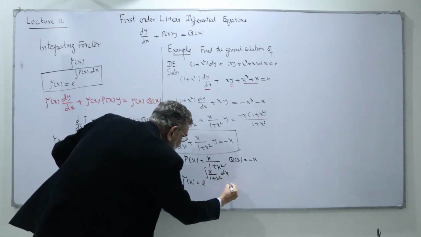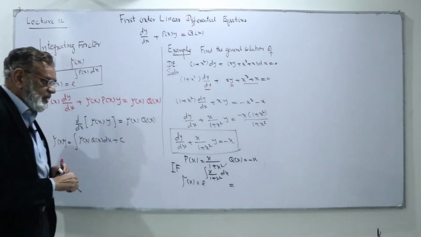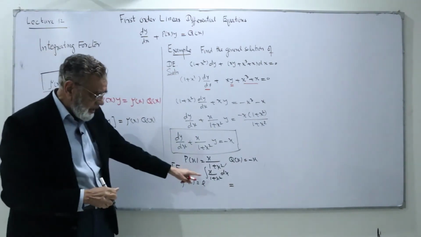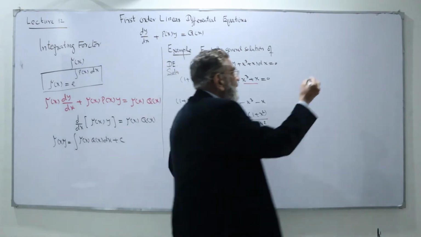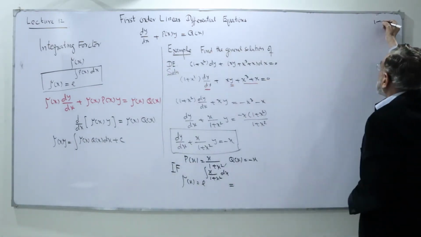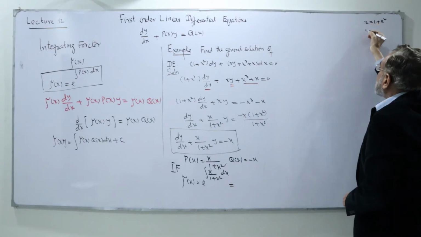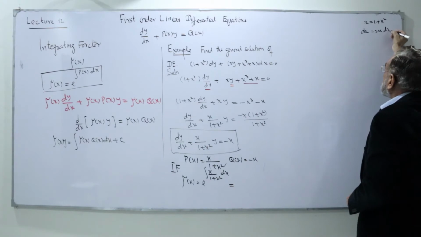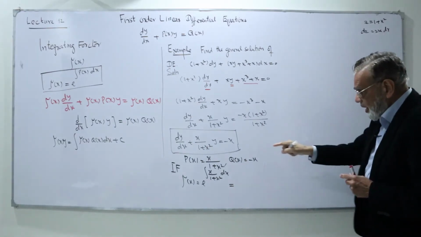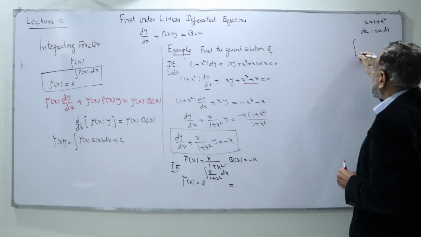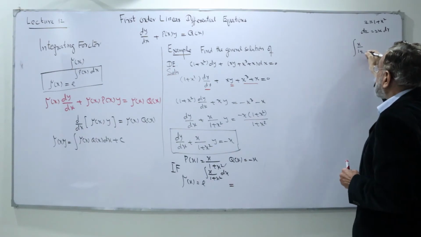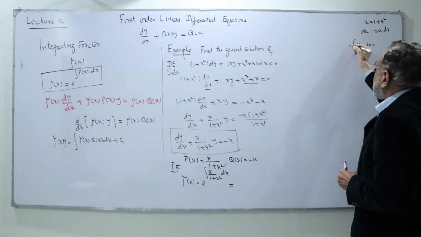Now I apply the method of substitution to integrate. I take 1 plus x square equal to z. Then dz is equal to 2x dx. Since I have only x here, I multiply by 2 and divide by 2.